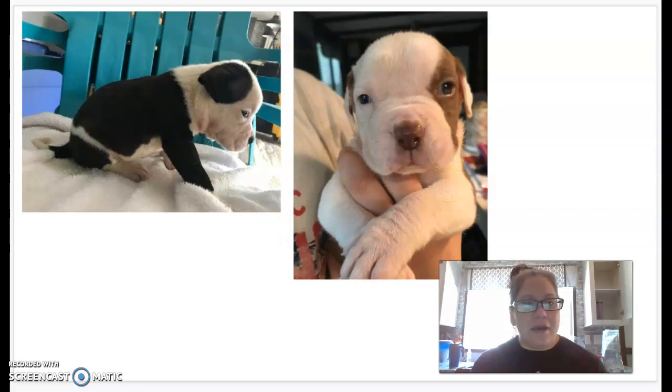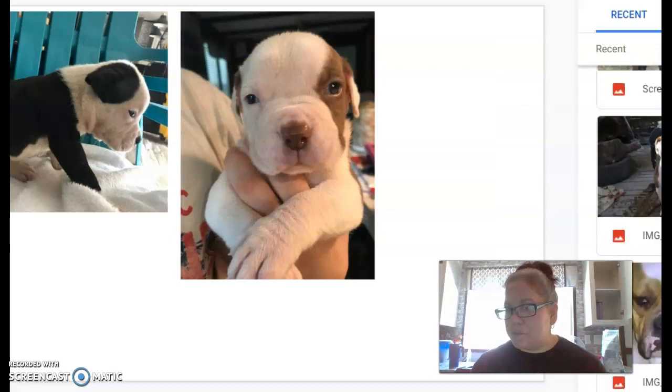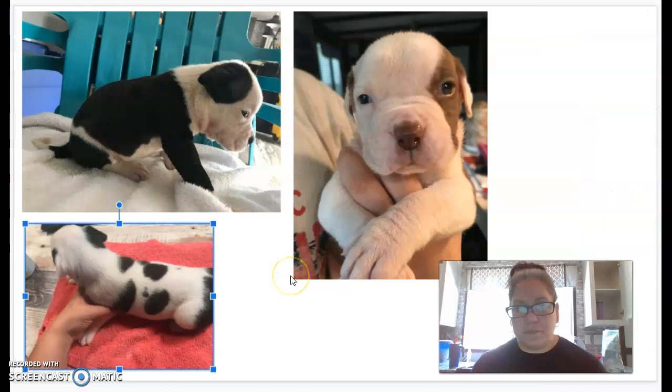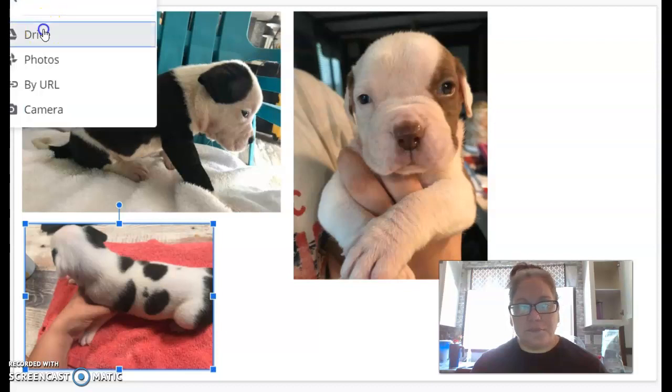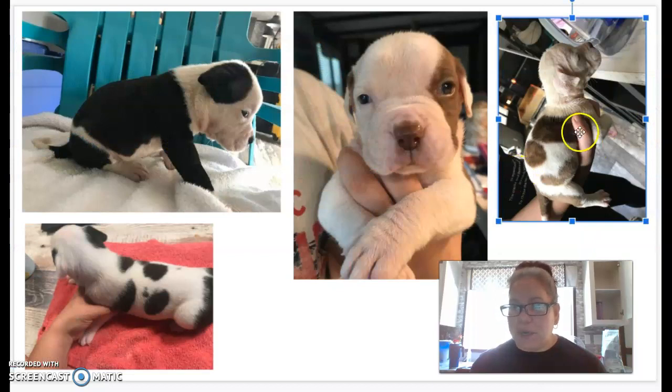And then we have a whole different kind of puppy. So here is another one that she had. And you can see he's black spotted instead of all black. And then we have this one, which is brown spotted and has a brown nose.